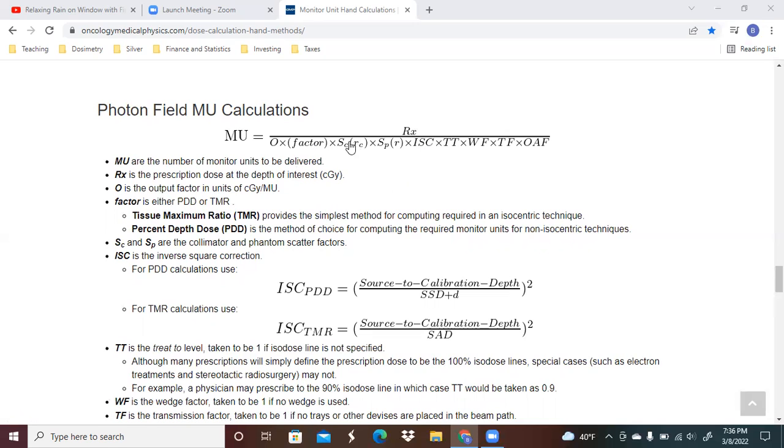When a factor is greater than 1, that means the number of monitor units is going to decrease. So bear that in mind as you're going through here. Okay, so we've covered the collimator scatter and the phantom scatter. Then you've got the ISC, which is the inverse square correction, or the inverse square law. That is going to follow from these formulas, depending on whether or not you're using a PDD or a TMR.